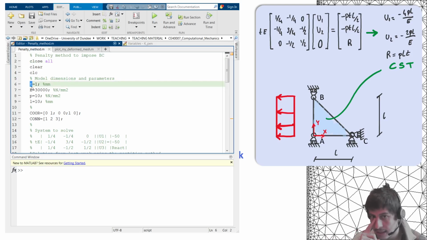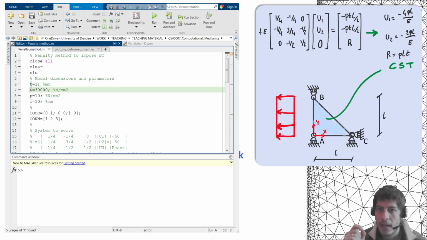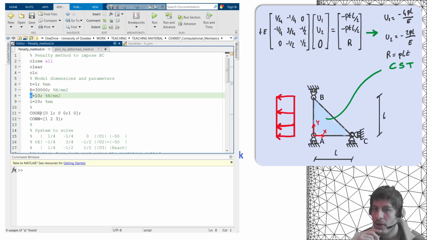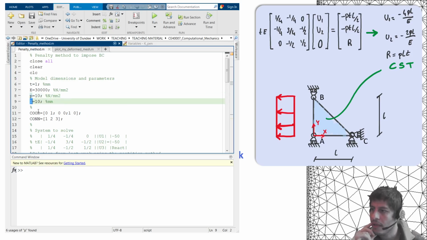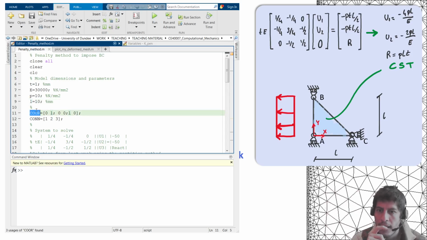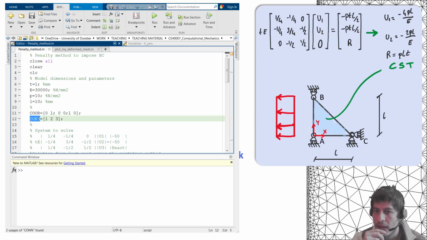So we give it a thickness T of 1 millimeter, a Young modulus E of 30,000 newtons per millimeter squared, a pressure P of 10 newtons per millimeter squared, and the length of this triangle here, 10 millimeters. Okay. I will also define the coordinates and connectivity matrices or vectors. Well, they should be matrices, but here we just have one element.